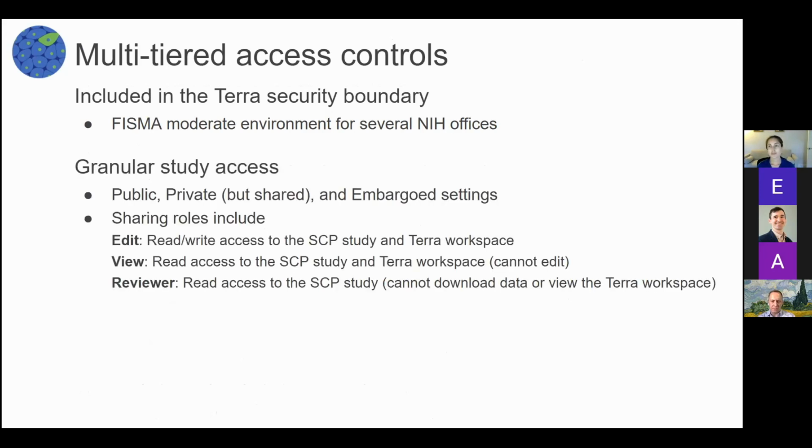But even beyond this, we make it possible for you to control who gets to see your data based off of whether the study is a public study or a private study. In addition, when you share a private study or when you share any study with individual collaborators, you can control whether those collaborators can edit the study or just view it.